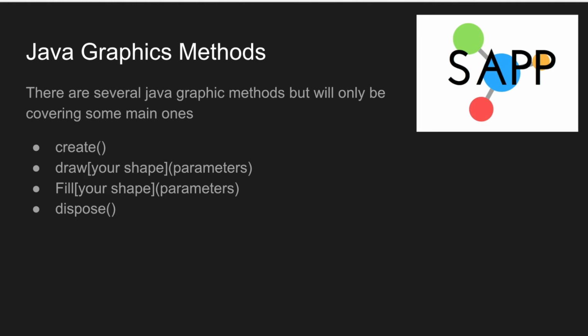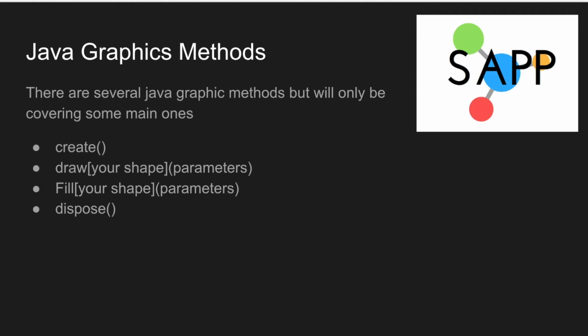There are a lot of methods for Java graphics because there's a lot you can do and customize, but there are some main ones, and one of them is create. This creates a graphic object that's a copy of it. Then there's the draw method, where you draw whatever shape you chose.